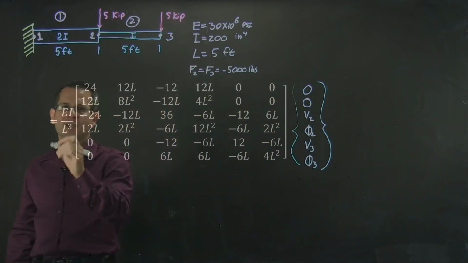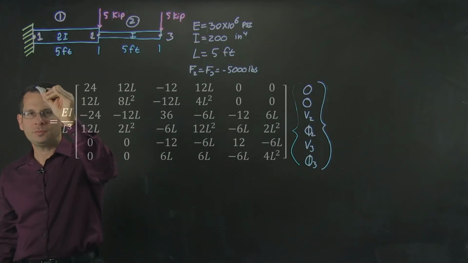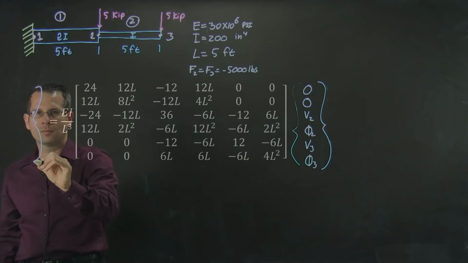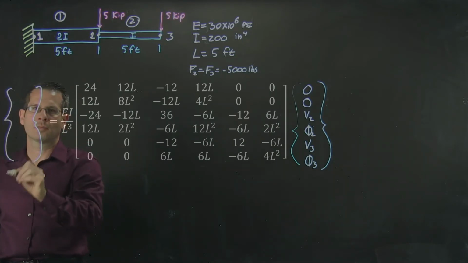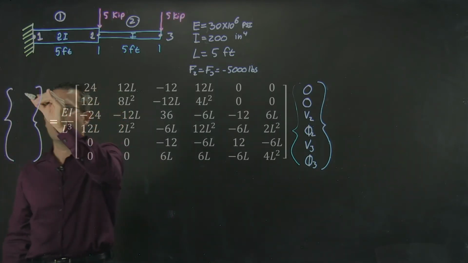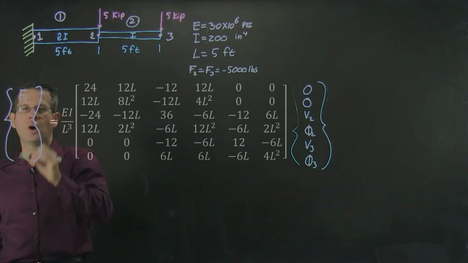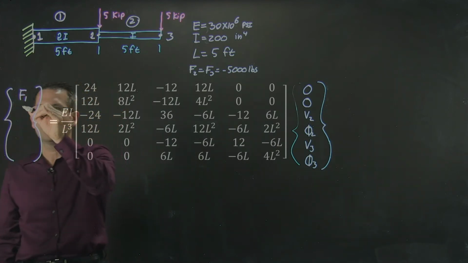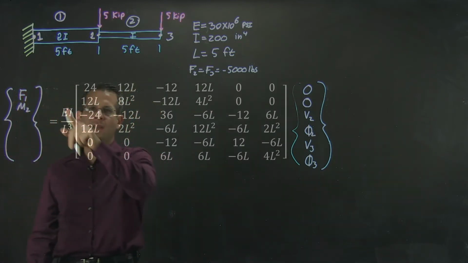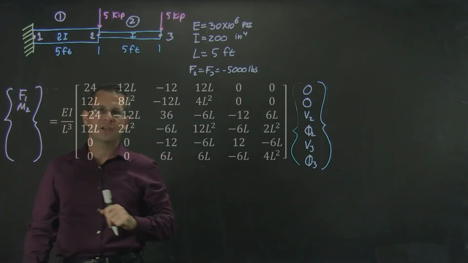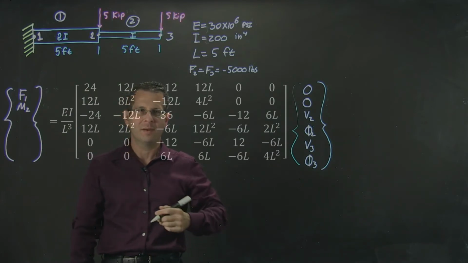As far as my external forces go, I don't know my force at node 1. That's one of the things I'll be solving for. I also don't know the moment at node 1. These would be the reaction force and the reaction moment at the wall. That would be something I'd be trying to solve for.